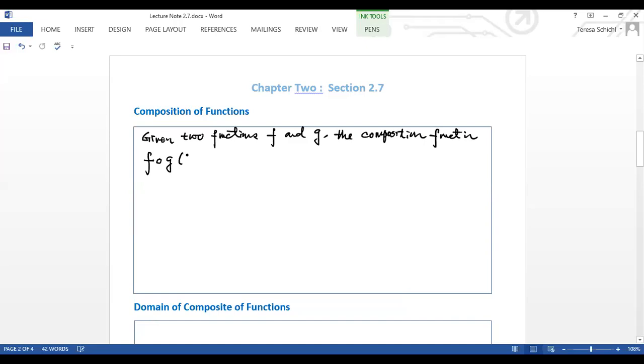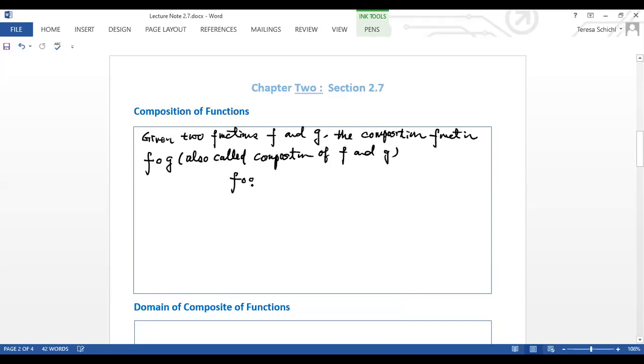We also call this a composition of f and g. All right, and we define a very important notation.